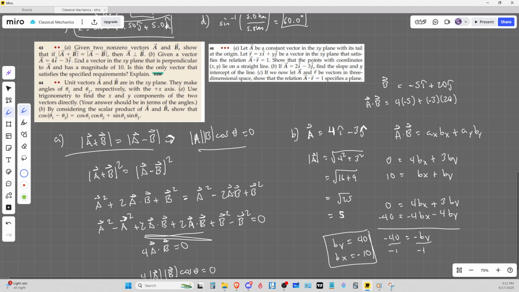Yeah, I don't think that's going to work, because then we'll be left with -20 here, but -60 here. Yeah, that doesn't work. Oh yeah, it's negative. Oops.